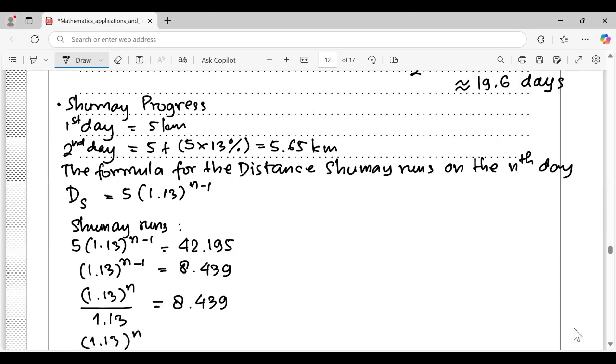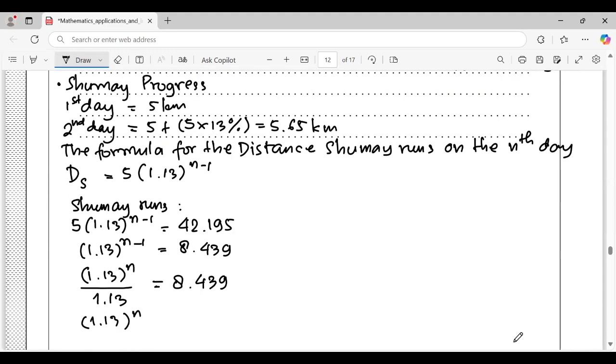Okay, cool. Calculate, multiply 1.13 times 8.439 equal 9.53607. Gonna move here.